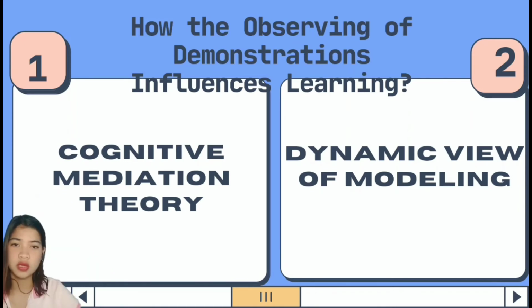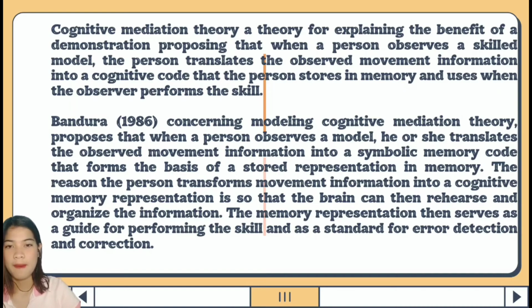Cognitive mediation theory is the predominant view, based on the work of Bandura, 1986, concerning modeling and social learning. This theory explains the benefit of demonstration, proposing that when a person observes a skill model, the person translates the observed movement information into a cognitive code that the person stores in memory and uses when the observer performs the skill.